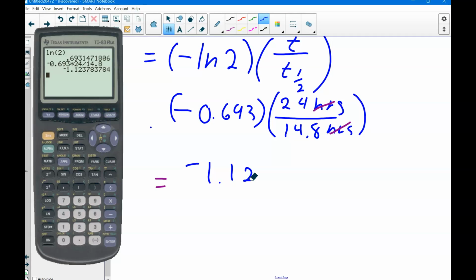To get it back to a number that makes sense to us, we have to take the antilog. On my calculator, it's done by second function, or sometimes referred to as inverse.